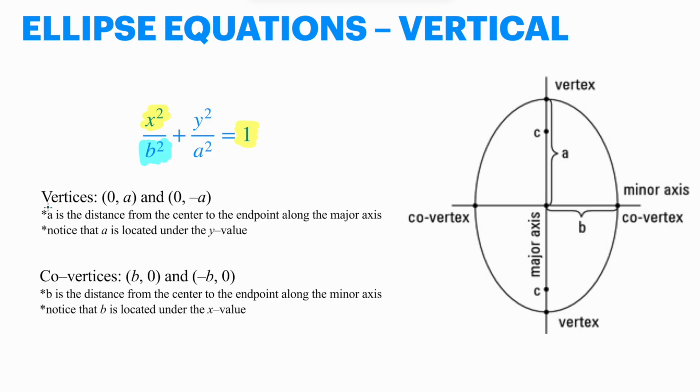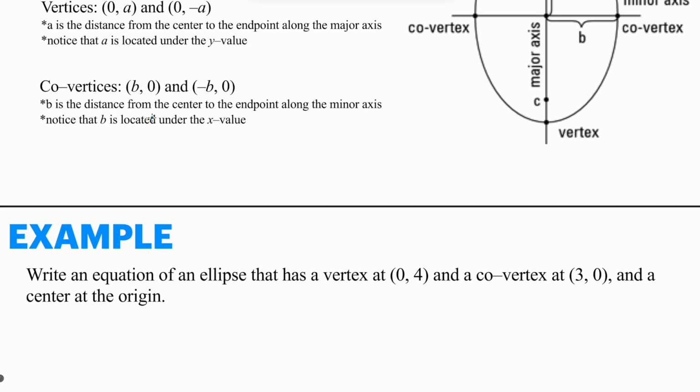Remember, A is dealing with the vertex, and if A is along the vertical axis, then A is underneath the y value. So if it's a vertical ellipse, A is the bigger number and goes under the y, and if it's horizontal, A goes under the x.